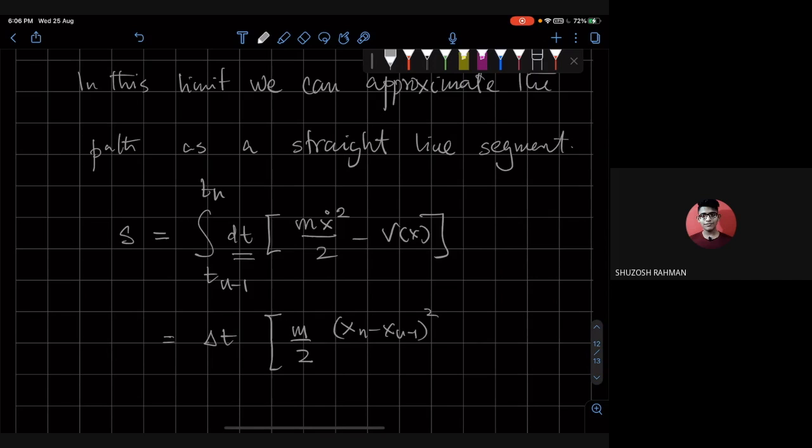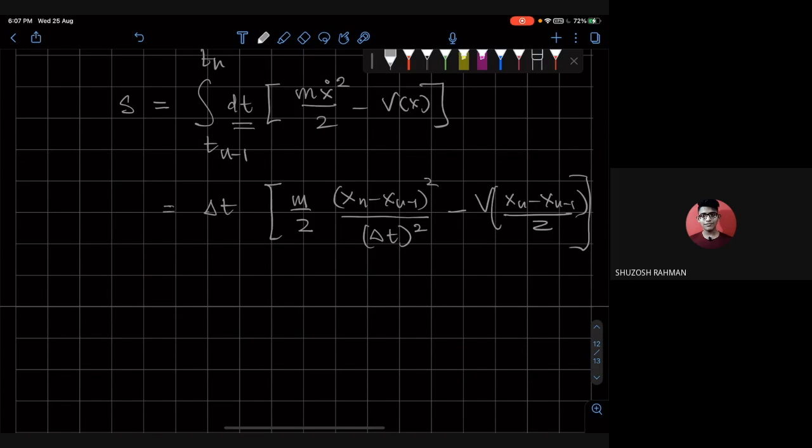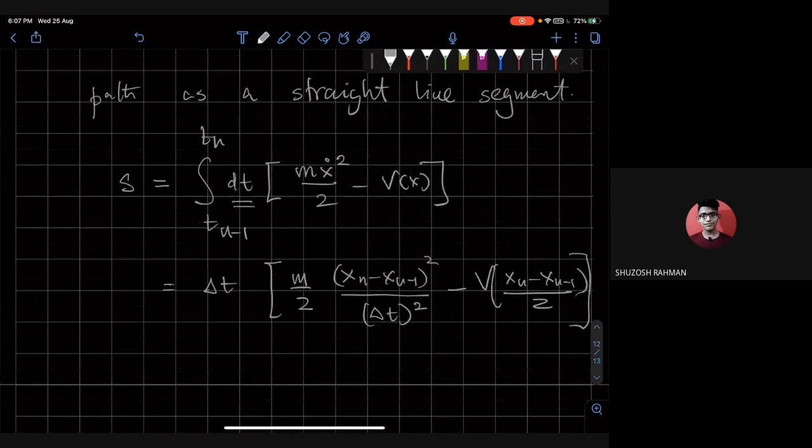This is squared divided by delta t squared. This is the discrete version of the time derivative. We are basically discretizing the whole thing. And V of the average of xn and xn minus 1. Here we are taking the value of the potential energy at the average, at the midpoint. Okay, in the limit where these points collide, it's not going to be relevant.